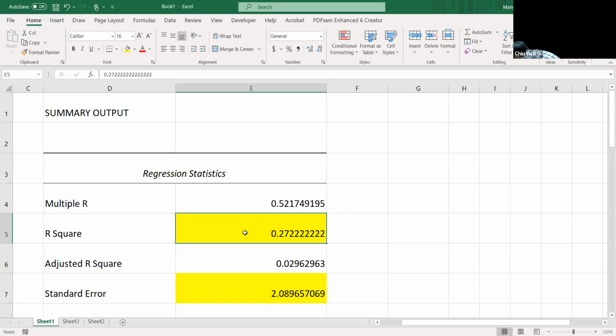I think the textbook calls this the coefficient of determination. Yeah, they call R squared the coefficient of determination in the textbook. So in Excel, this is R squared, the coefficient of determination. Yeah, that's what I said.